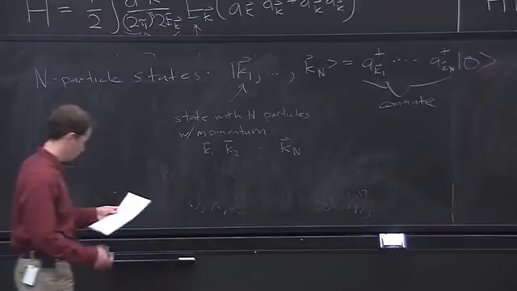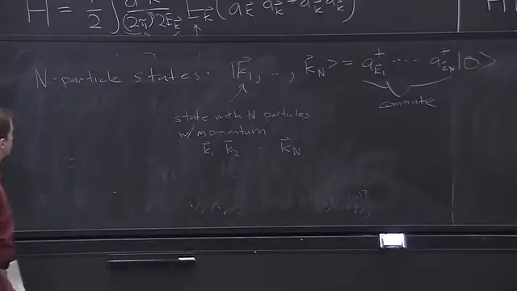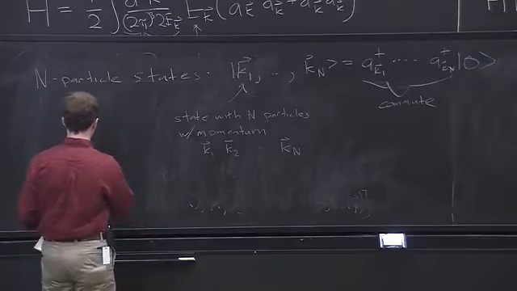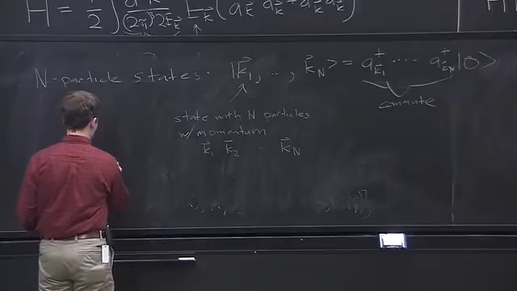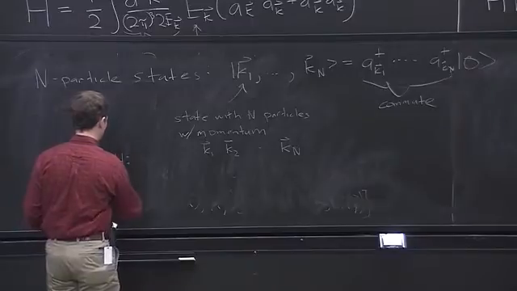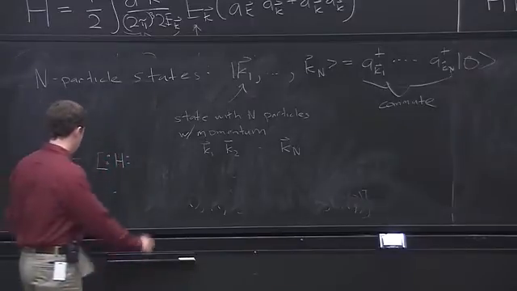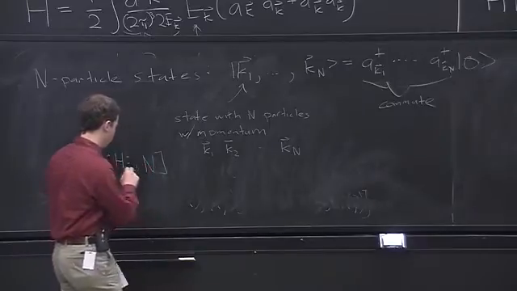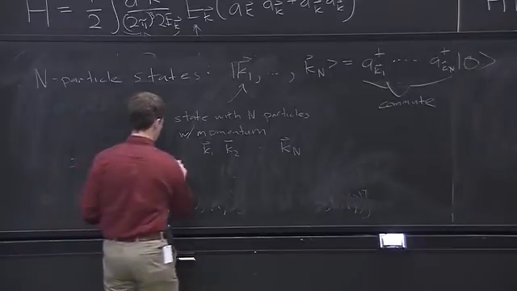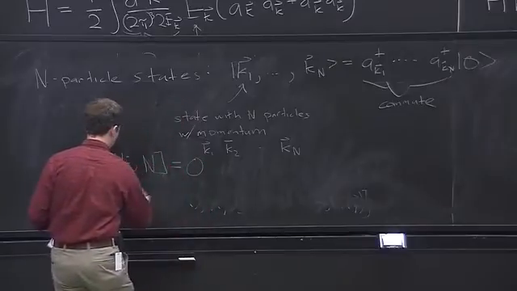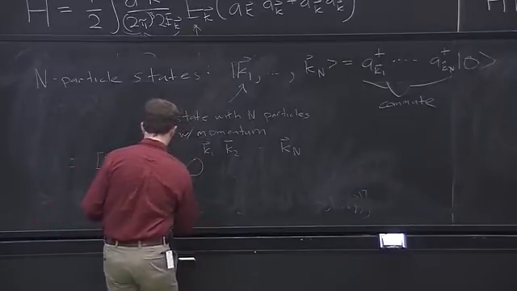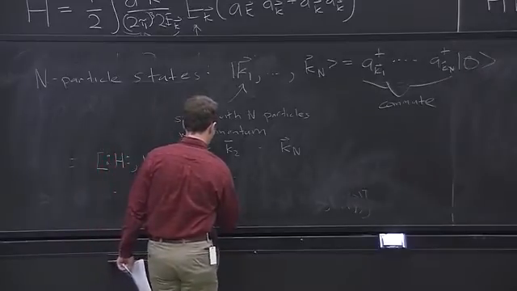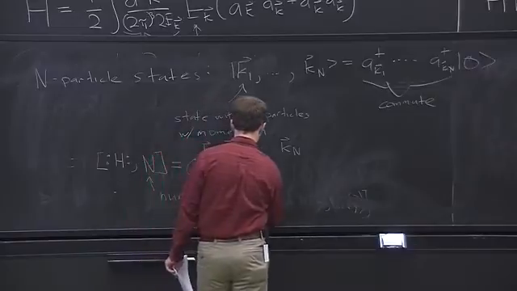One other comment about these n particle states is that the normal ordered Hamiltonian commutes with the number operator, where the number operator just counts the number of particles.